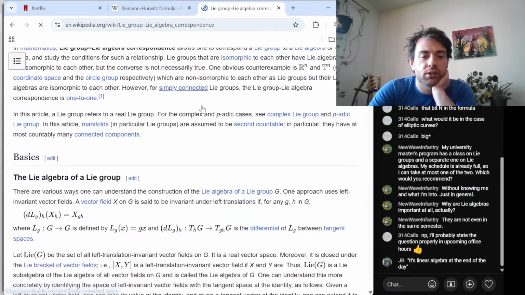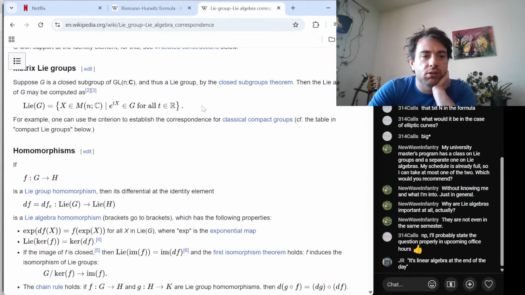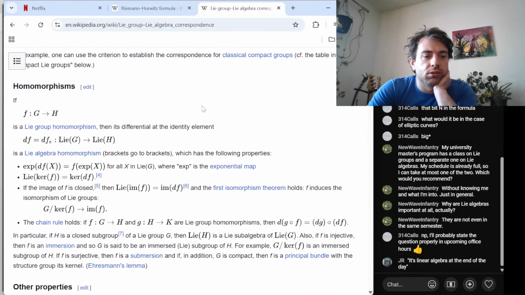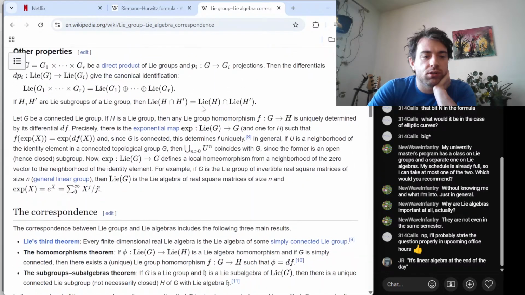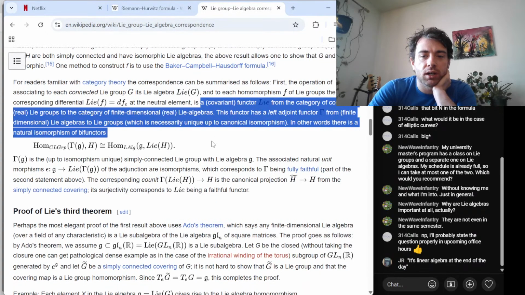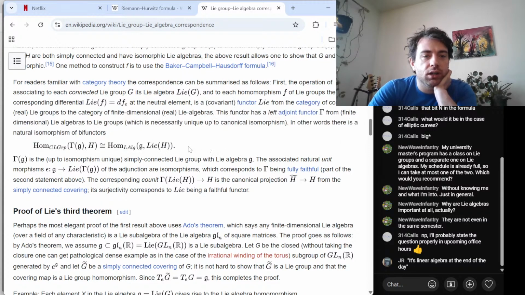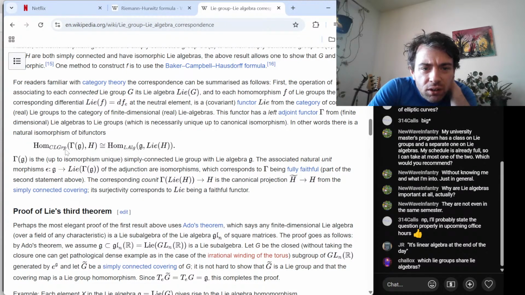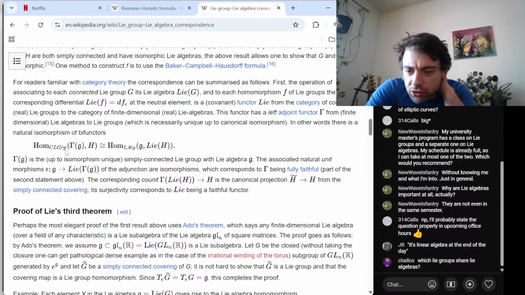Here it is. Or is it stated as an adjunction? Here we go. Well, okay, maybe I stated it a little imprecisely. But what is CL group? How's that category defined? Connected Lie groups or something.